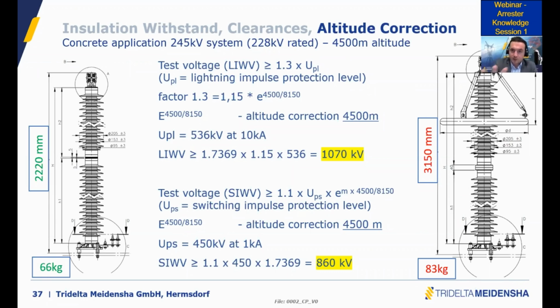So on the right side, here, you see what we would have to configure, what kind of a surge arrestor would be needed if we have to respect a standard hacking distance that is specified by the clients for the transmission line or the substation for this altitude.